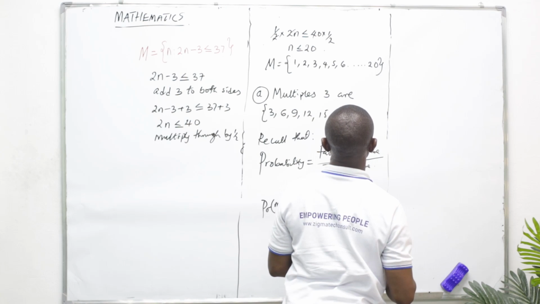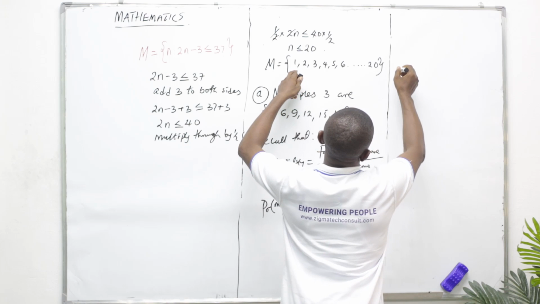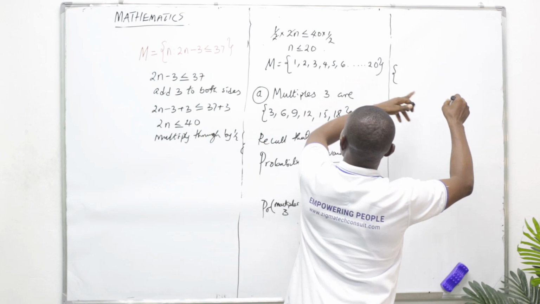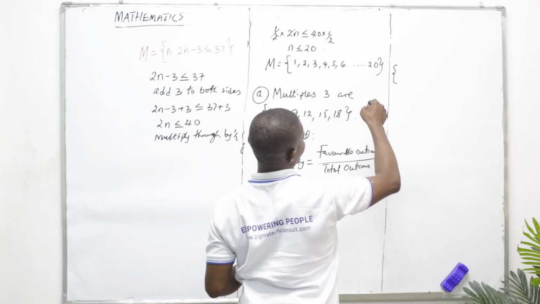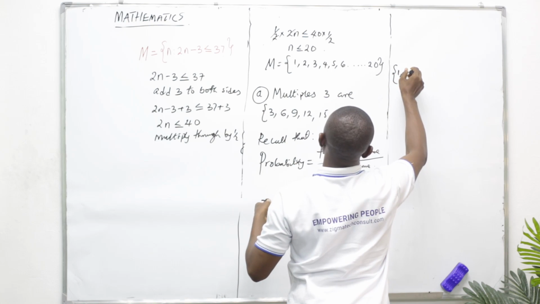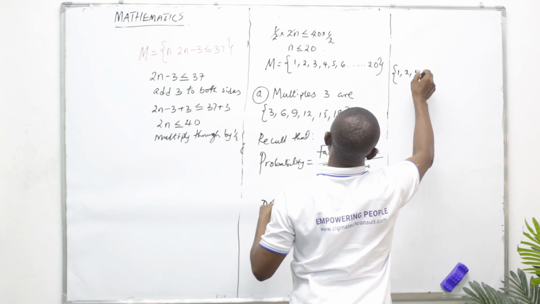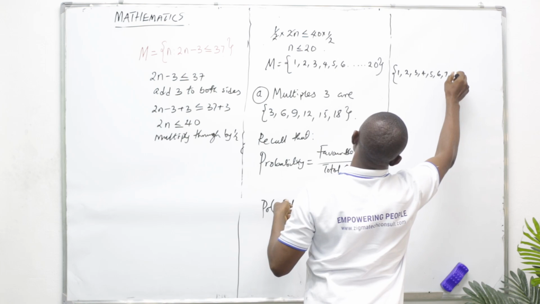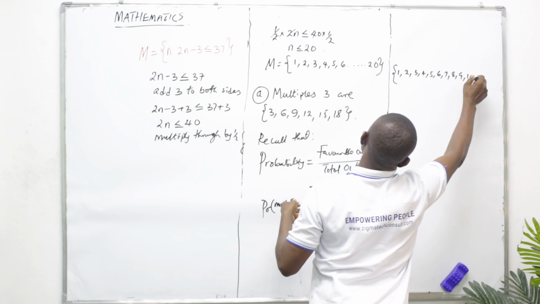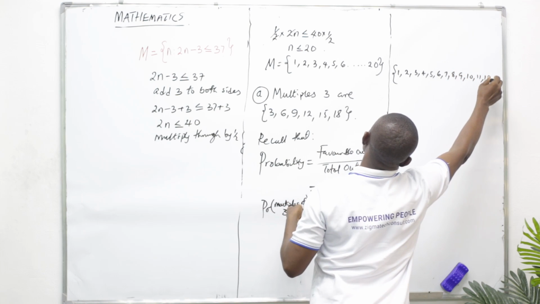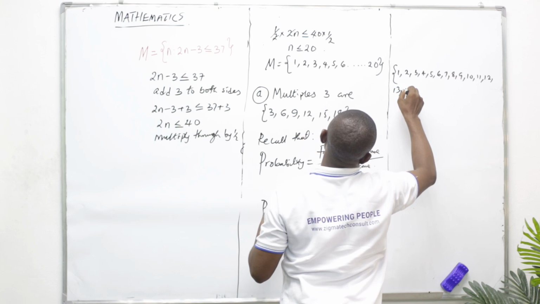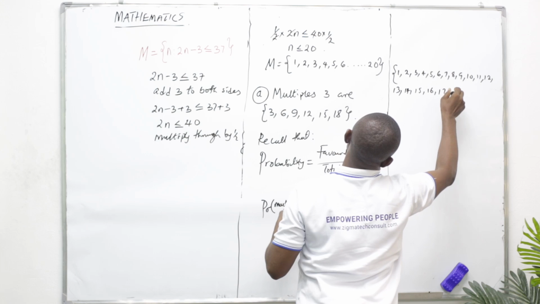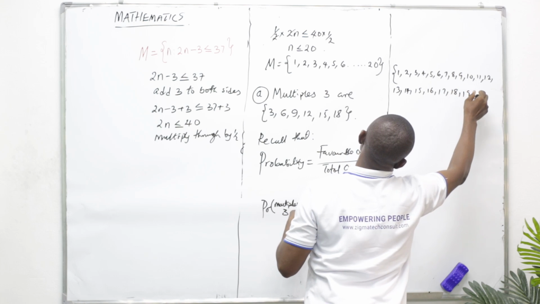Meaning that, the listing from 1 to 20. Write it clearly now. 1, 2, 3, 4, 5, 6, 7, 8, 9, 10, 11, 12, 13, 14, 15, 16, 17, 18, 19, 20.